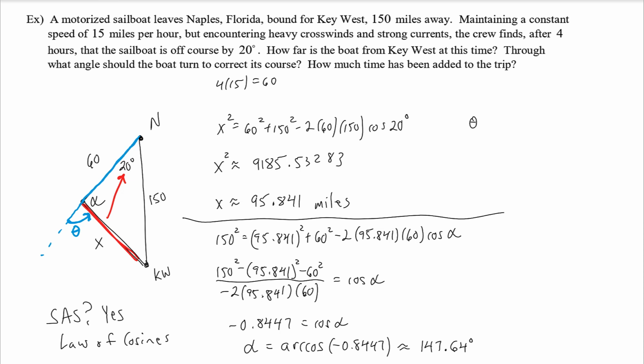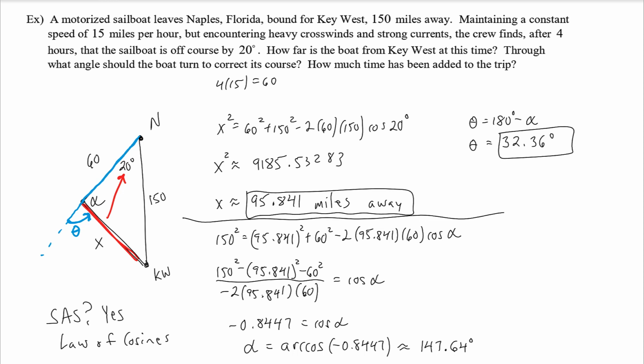So theta is 180 minus alpha. So that'd be 180 minus what we just got. So that boat is going to have to turn 32.36 degrees. So let's answer the questions here. 95 miles away. It's going to have to turn 32.36 degrees.